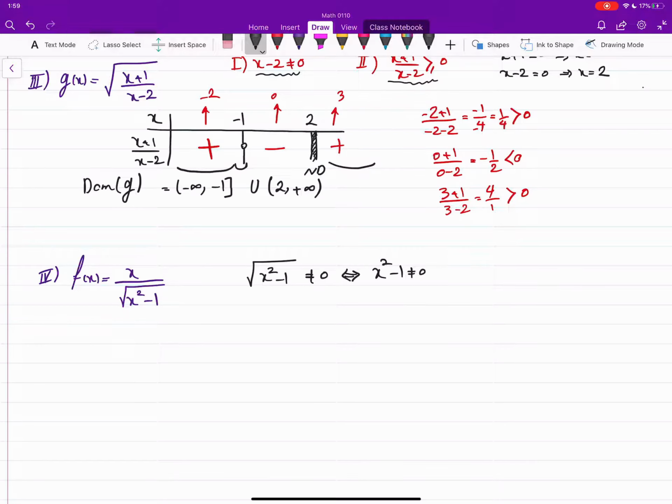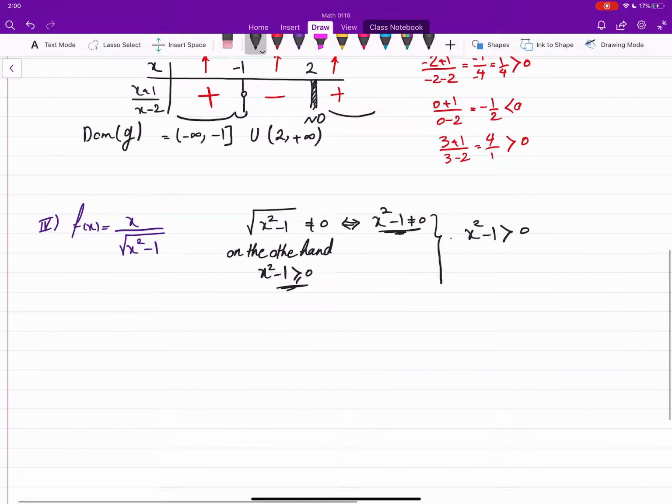On the other hand, we know that x squared minus 1 is under the square root, so it must be bigger than or equal to 0 on one hand. On the other hand, it cannot be 0. That means that we should find where this can be strictly bigger than 0. Not bigger than or equal to, just strictly bigger than 0.